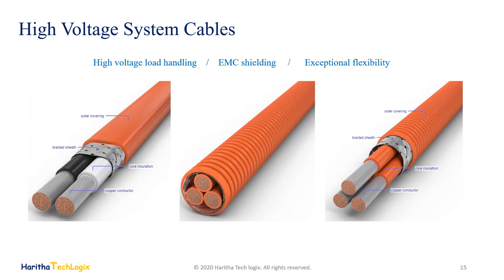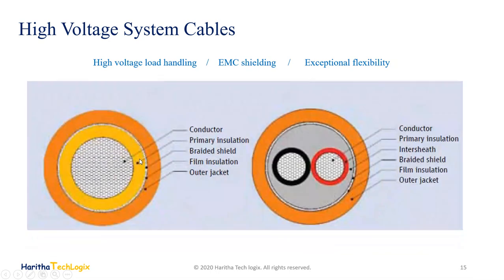The core insulation is also provided for proper insulation of the core. They also use intersheaths in these cables between the cable insulators, to improve the voltage distribution in the dielectric of the cable and to obtain a uniform potential gradient. That is the main purpose of using the intersheath.